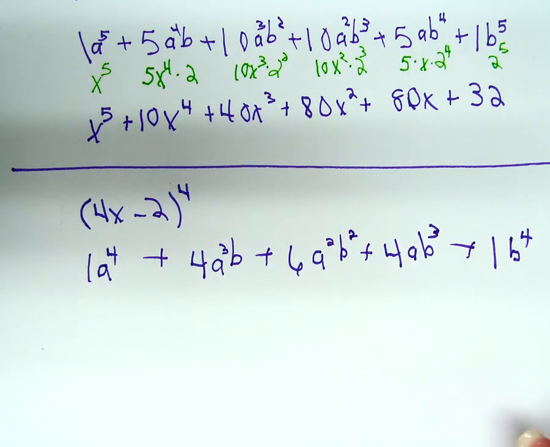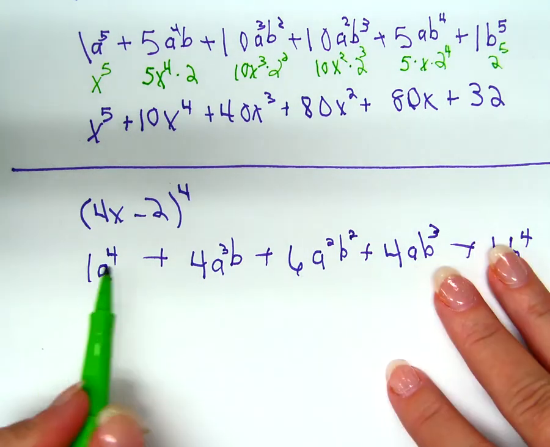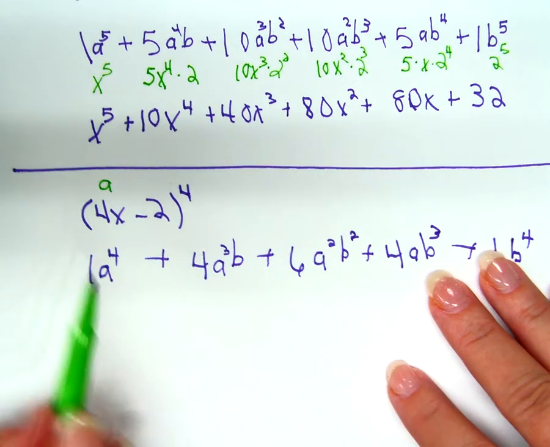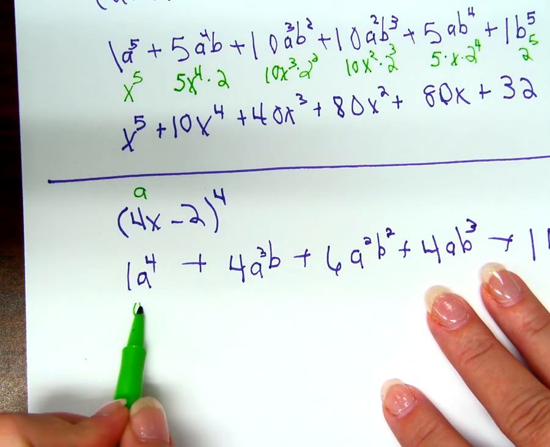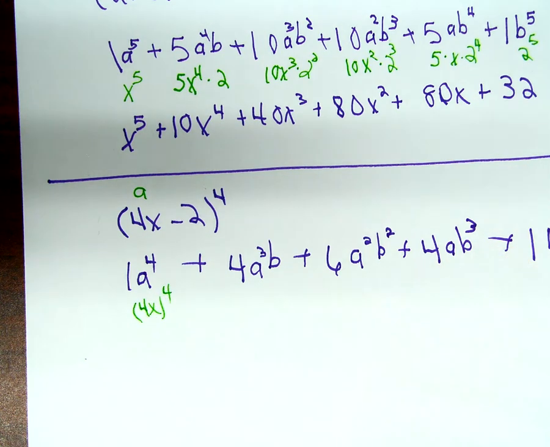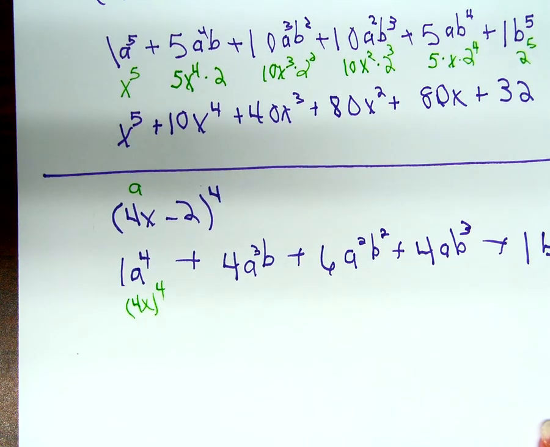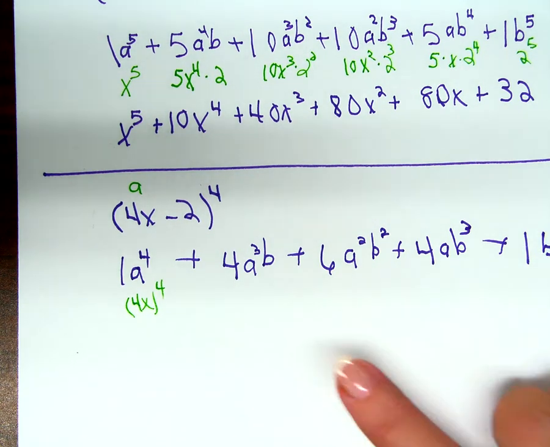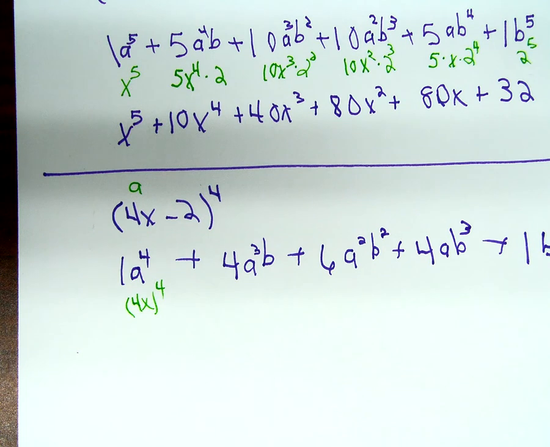You ready? What is a in this problem? 4x. Okay, so I have 4x to the fourth. What is 4x raised to the fourth? I've got to raise both terms to the fourth, don't I? Okay, I need you to settle down, please.